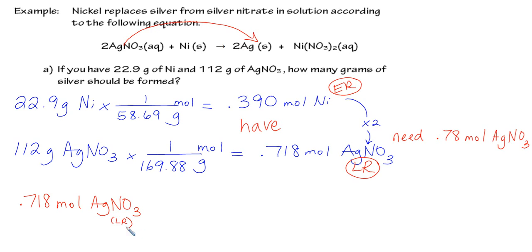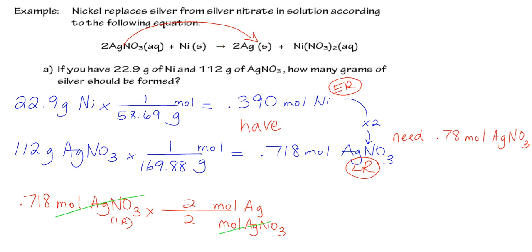Since it's in moles right away, I kind of took a little shortcut and used this number in moles. We can cruise. We can cancel moles of silver nitrate, and we can turn it into moles of silver right away. Which, I get it. It's a 2-to-2 ratio, so it's not going to change my calculations. But I like it, because it sets up my units in the right spot.